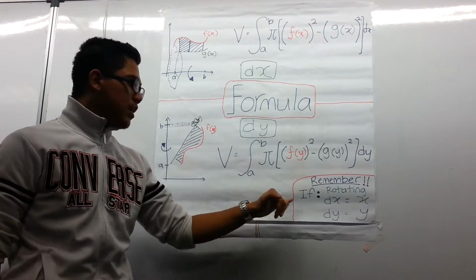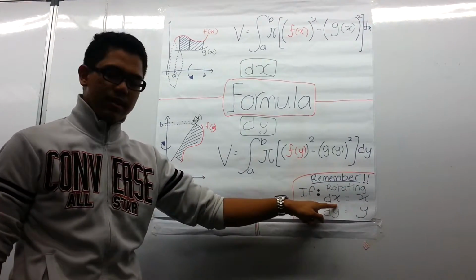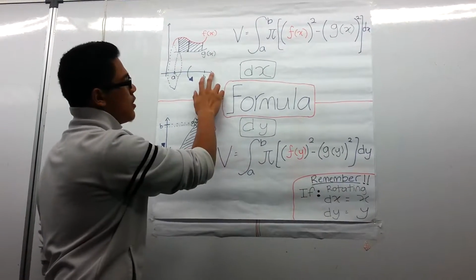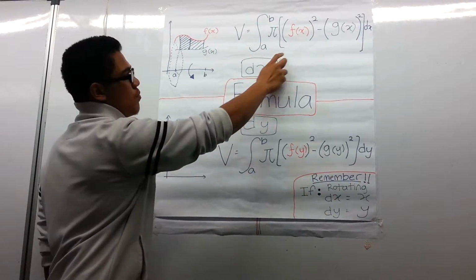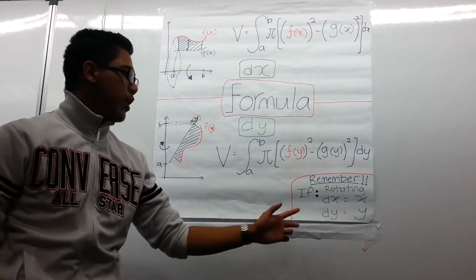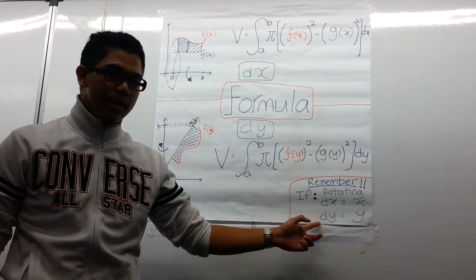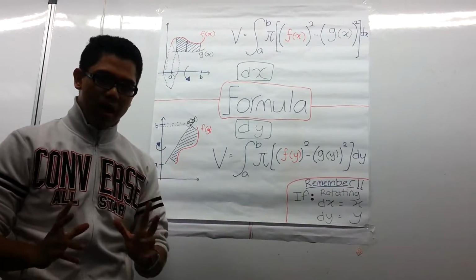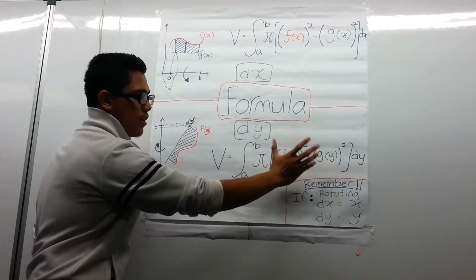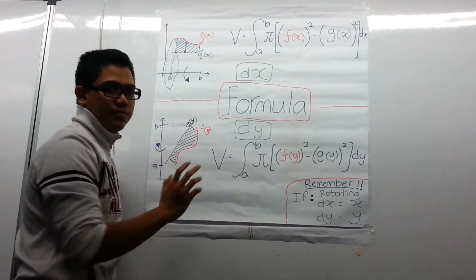But remember, if rotating about dx, we must use x. That is, when we want dx, use x in here. While if we want dy, use the y value. Like this, put the y value inside the equation.